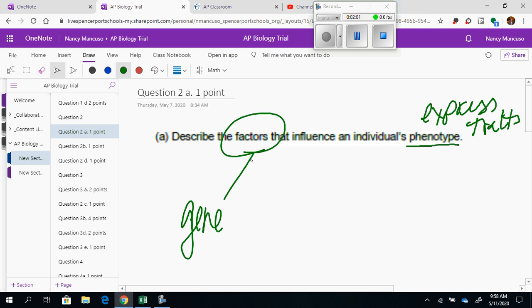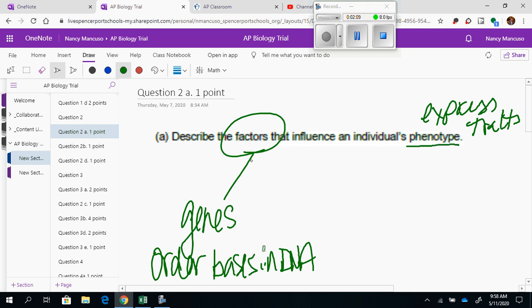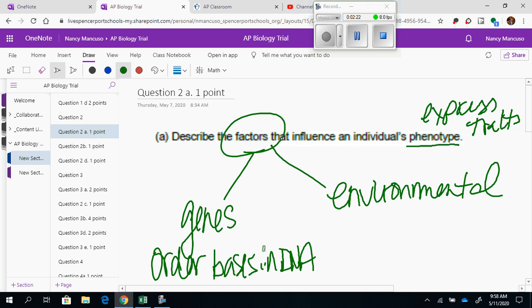Well, first of all, your genes, which is the order of the bases in your DNA, that is going to determine your genotype, and it can determine what your phenotype is. But in this one, it shows that there's also environmental factors. So the environmental factors, like the presence of that chemical, can decide if a gene is expressed or not.